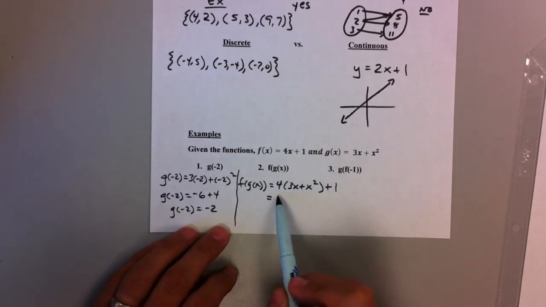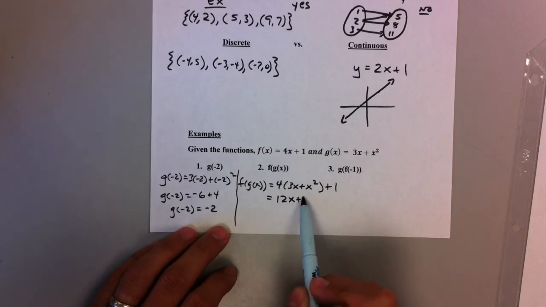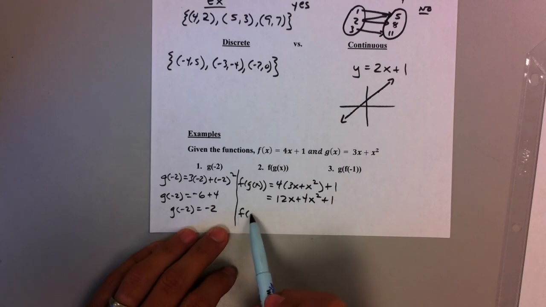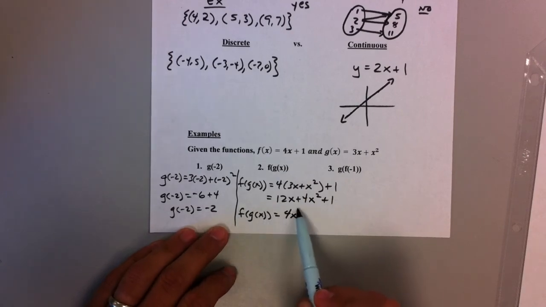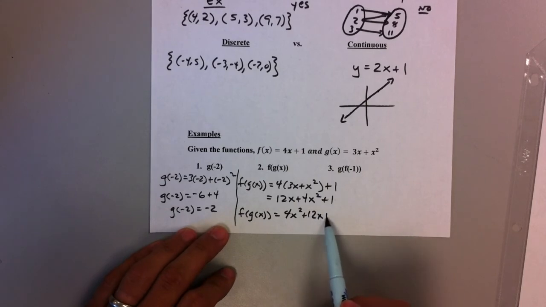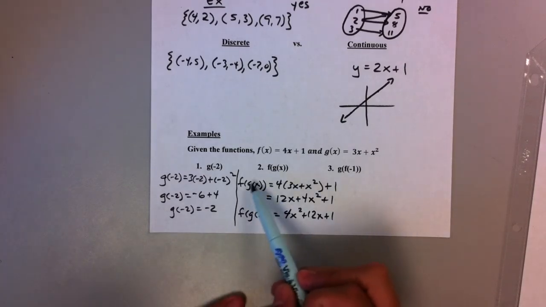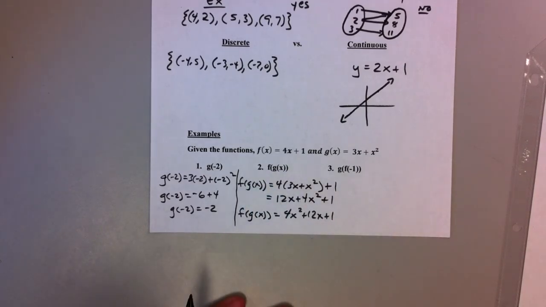Okay, I'm going to simplify. So it's 12x + 4x² + 1. Let's just rewrite it a little bit: 4x² + 12x + 1. And that's what f(g(x)) means. It means plug function g into f.